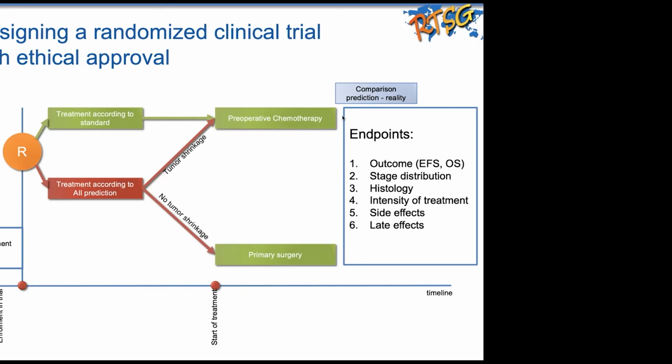And the question is, which pathway, which part of the trial, is doing better? And you have inputs where you can look into the outcome, the stage distribution, the histology, et cetera. And then you may choose: if the treatment according to AI prediction is better than the standard treatment, then you can use this as a new standard. And this is what a clinician would understand.